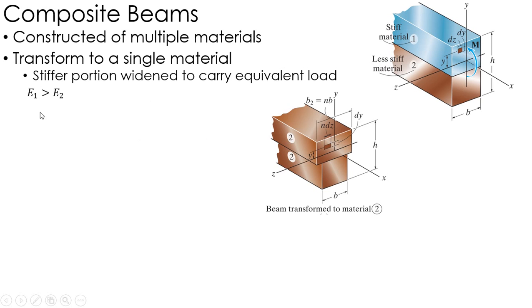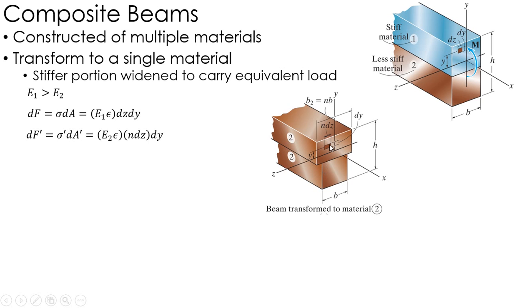So in our example here, again, E1 is greater than E2, right? 1 is the stiffer, 2 is the less stiff. So if I look at a little infinitesimal area right here, the force is stress times area, where the stress due to Hooke's law is E times the strain times the area, dz dy.